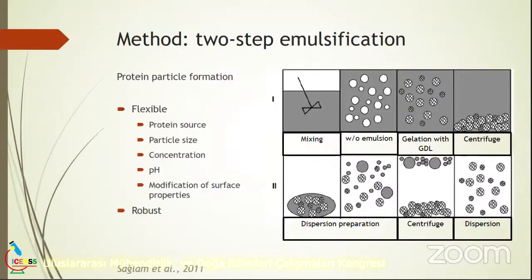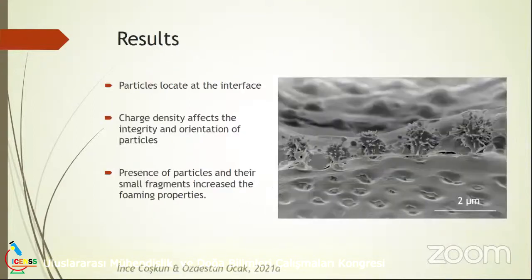This method is known to be flexible in terms of the protein source and particle size, so you can change the concentration and pH, and one can modify the surface properties by adding some different bioactive polymers as well.